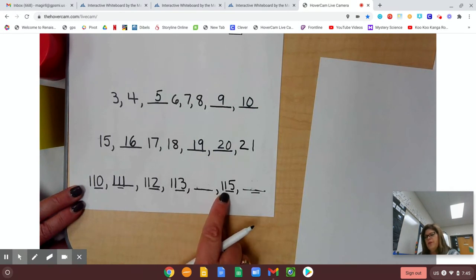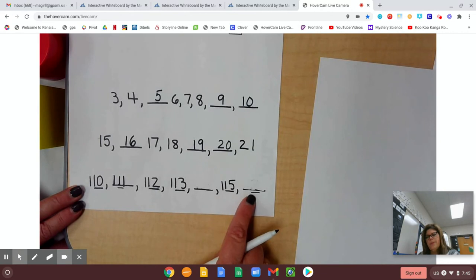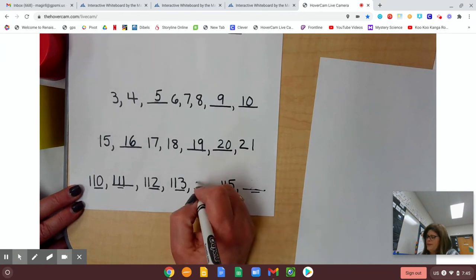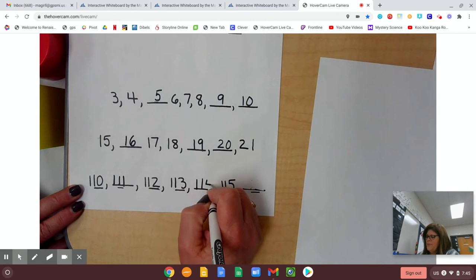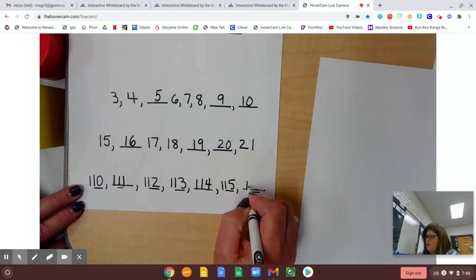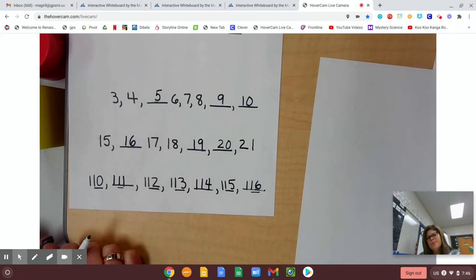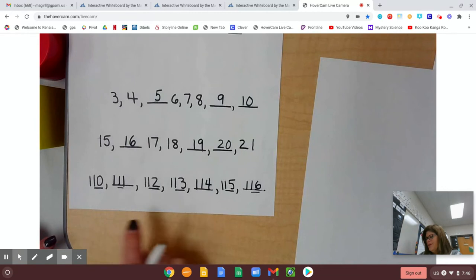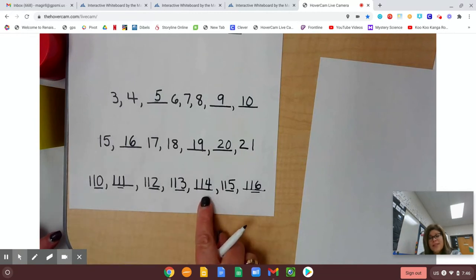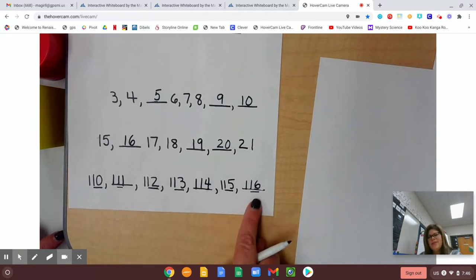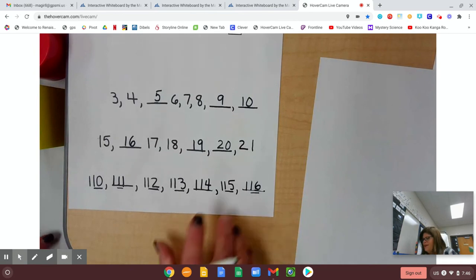There's 115 and the final number. And then you can check by looking up here when you're done. 114 and 116. Yay! Good job.